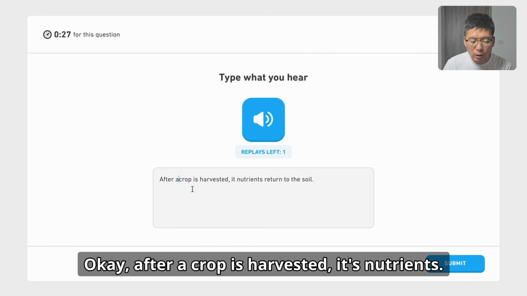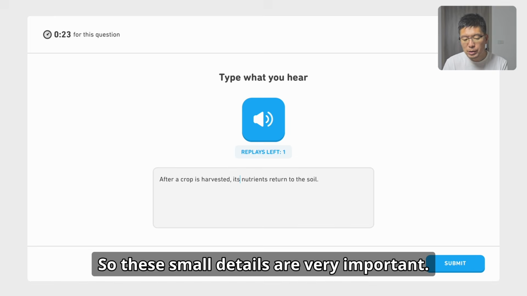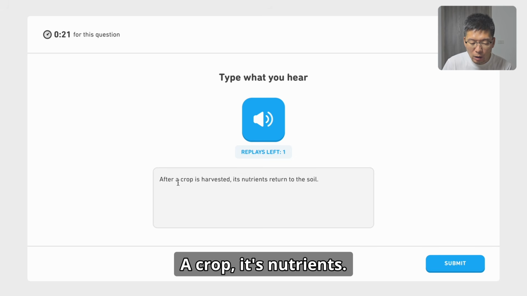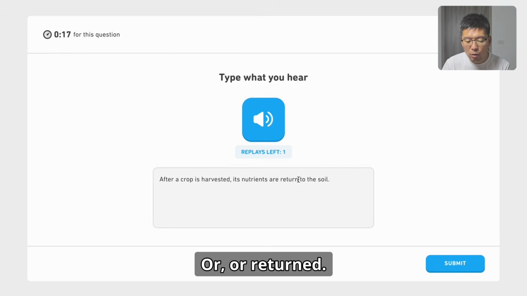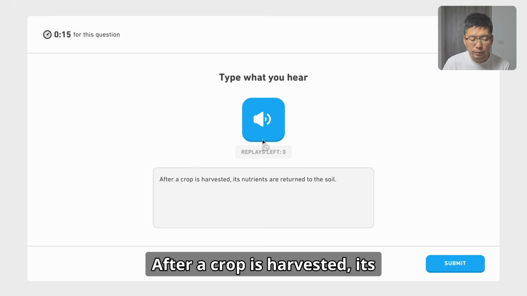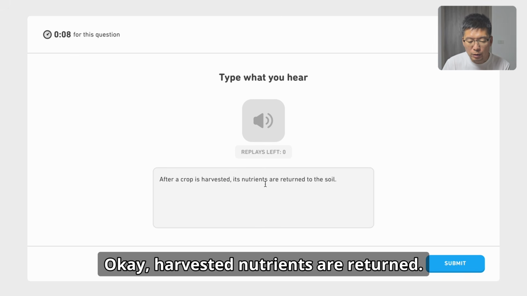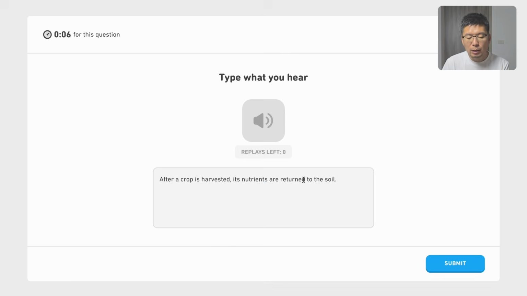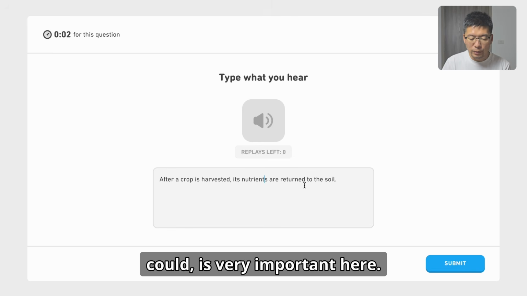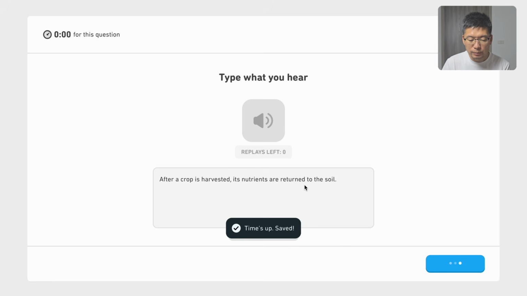So these small details are very important. Harvested, nutrients are returned. These small details are very important here.